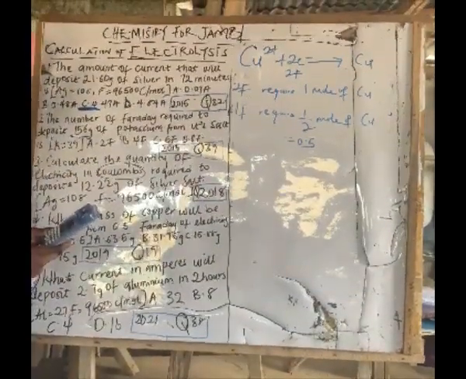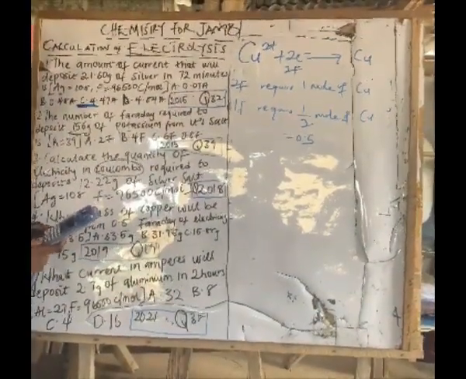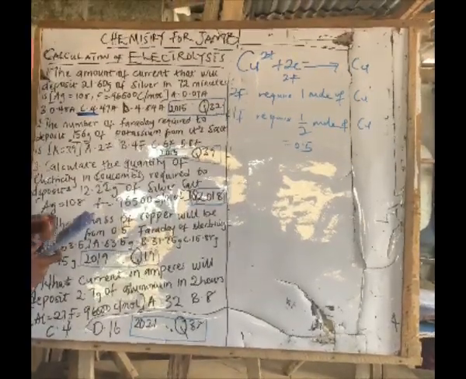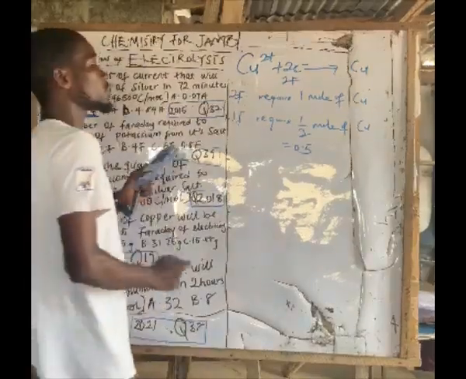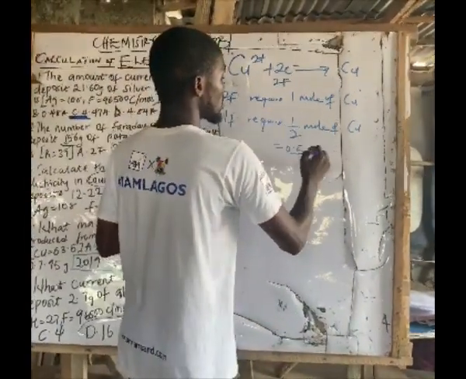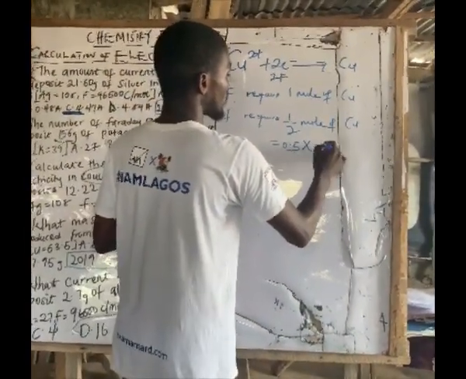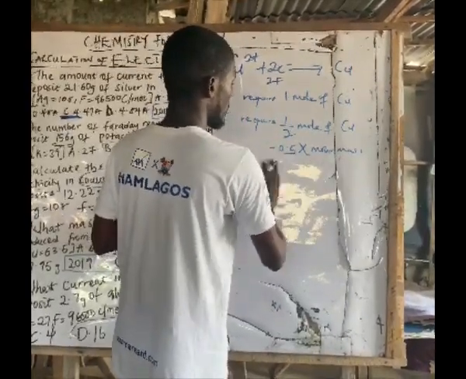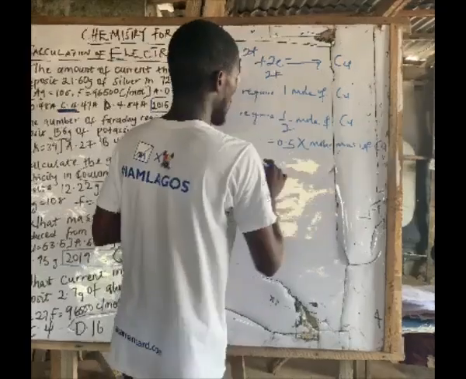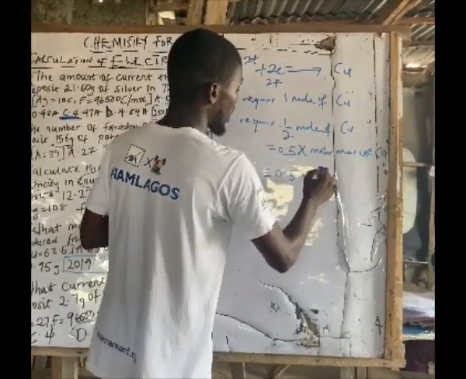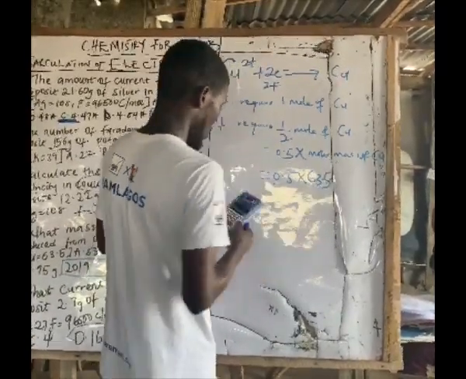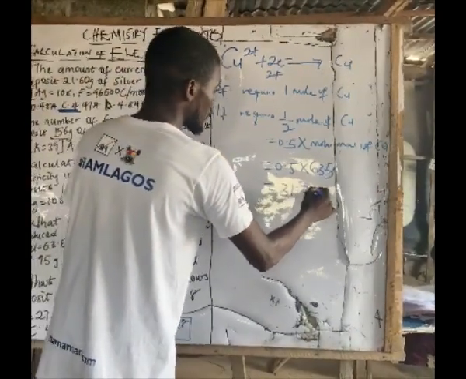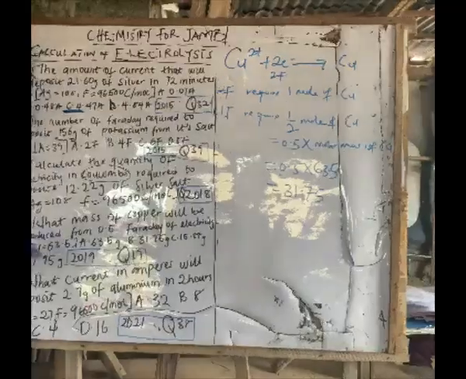So this is what you're going to do: 0.5 multiplied by the molar mass of Cu, that is 0.5 multiplied by 63.5. By doing that, we have 31.75.